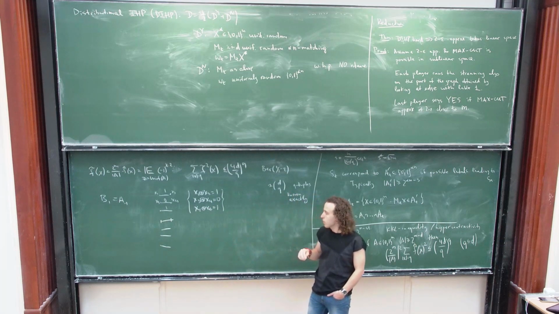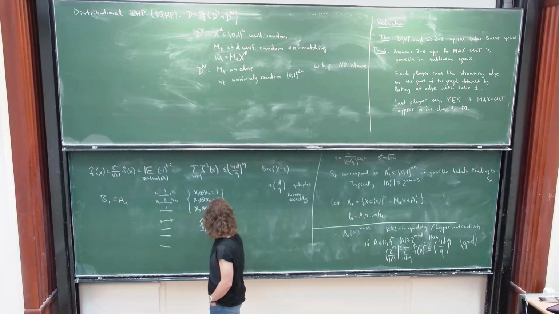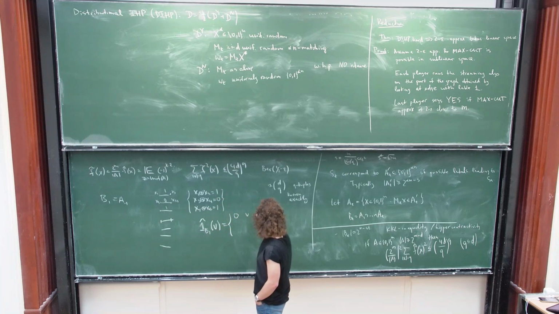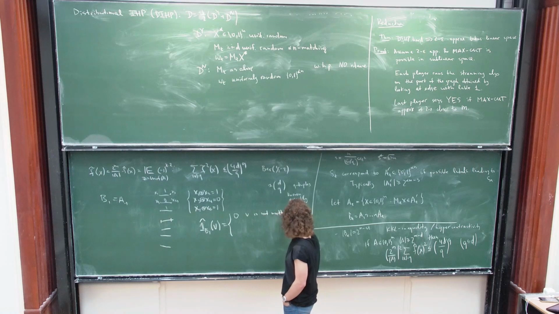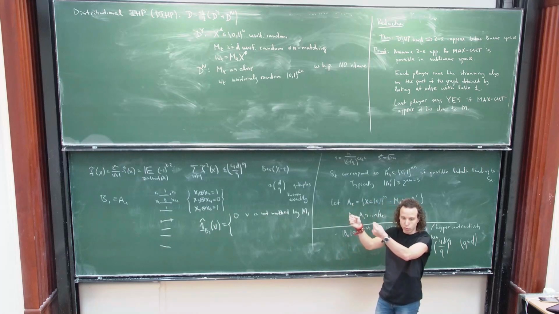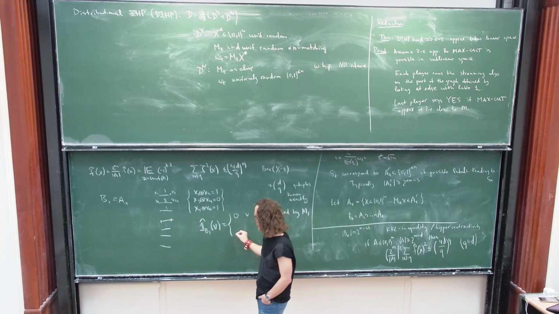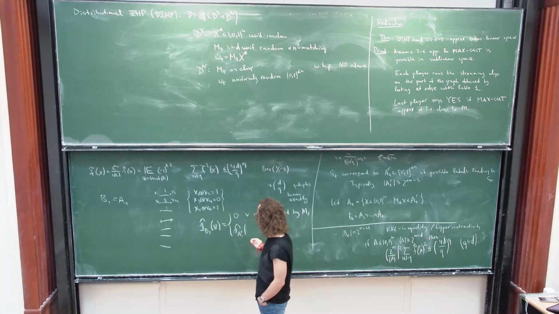So the indicator of B1 hat of B is 0 if B is not matched, if you don't have the structure of a bit and the opposite bit on the matching, and otherwise it's going to be the indicator of A1 prime hat of V over 2.